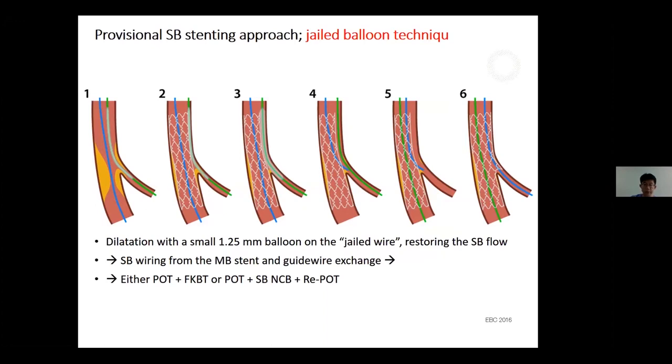So usually with a provisional side branch technique, in some cases jailed balloon technique is useful. Jailed balloon technique, as you know, means the balloon at the side branch still remains during stenting in the main branch. After stenting, side branch balloon dilatation at a small atmosphere, and then balloon removal, and then wire crossing to avoid side branch occlusion.